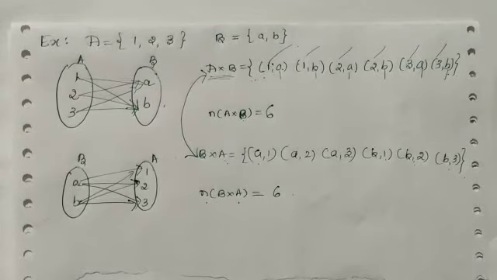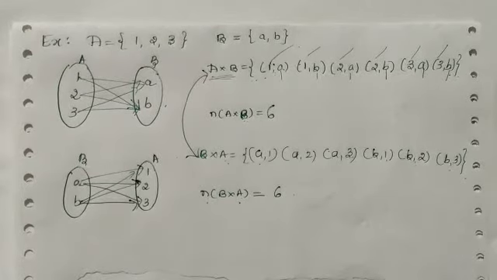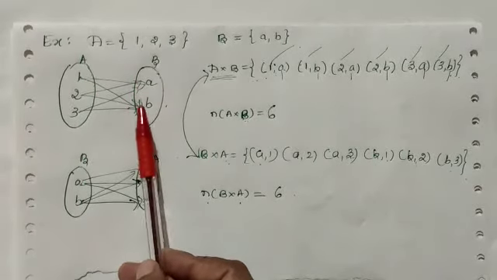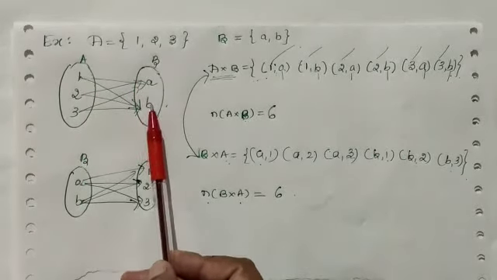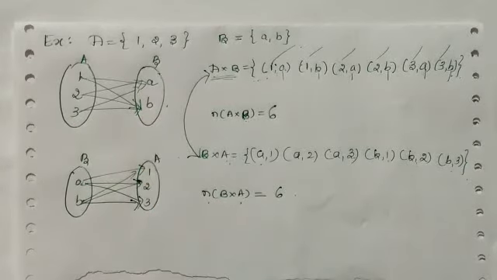So we'll connect the elements of set A with the elements of set B. Each element of set A is paired with every element of set B. That is, 1 is connected with A and B, 2 is connected with A and B, 3 is connected with A and B. So we'll form the ordered pairs.